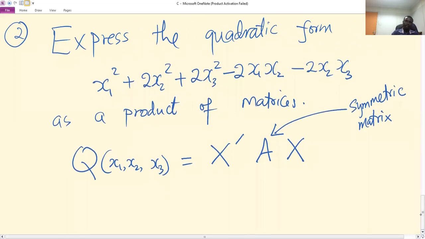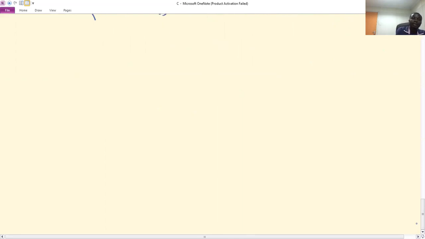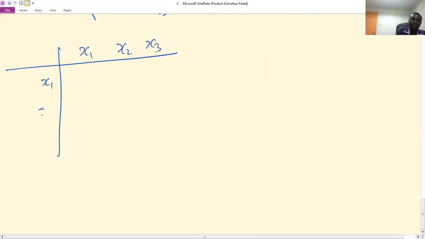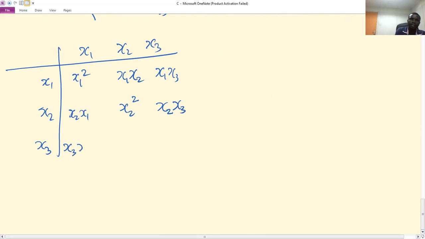When you have this kind of quadratic form, to know the correct symmetric form of A, just write x1, x2, x3 along the top and side, and here is x1 squared, x1x2, x1x3, x2x1, x2 squared, x2x3, x3x1, x3x2, x3 squared.